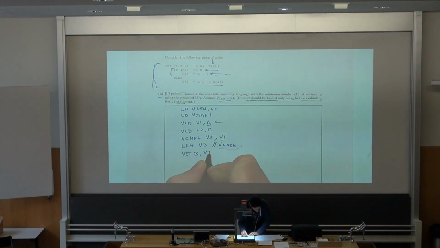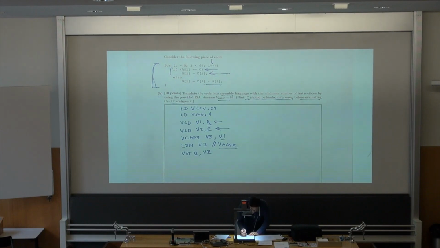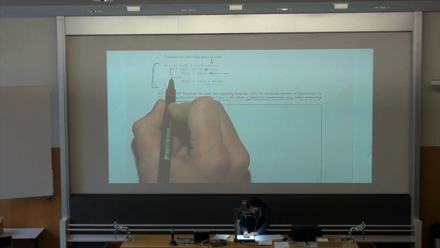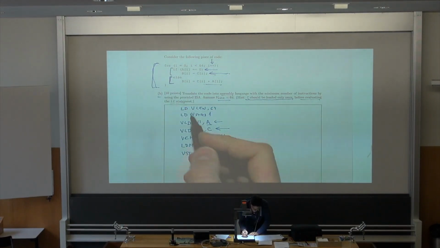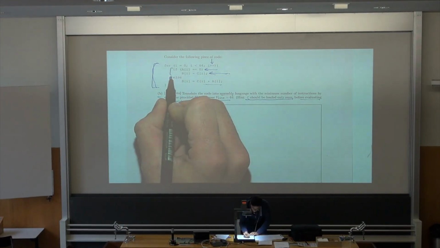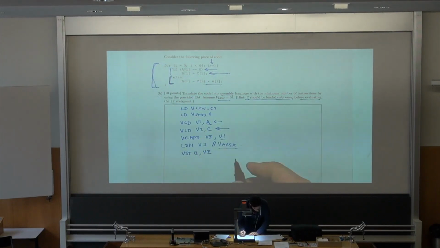We are going to store the contents of vector 2 that already contains the corresponding values of array C. And right after that, what we are going to do is flipping the mask. Why do we need to flip the mask? Because now we want the remaining lanes, or the remaining threads, to execute the else part of the if-else statement.